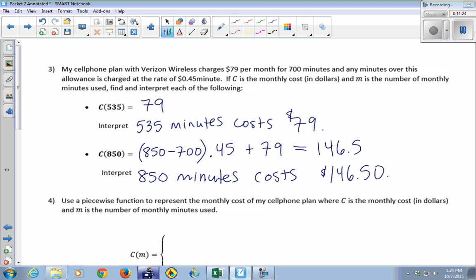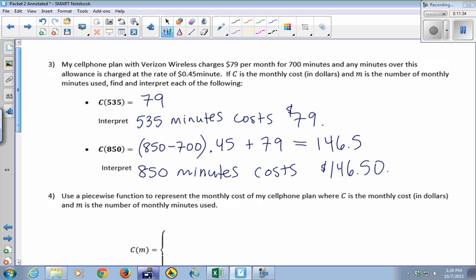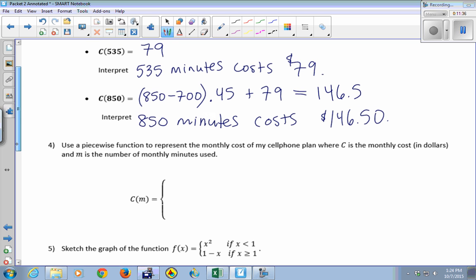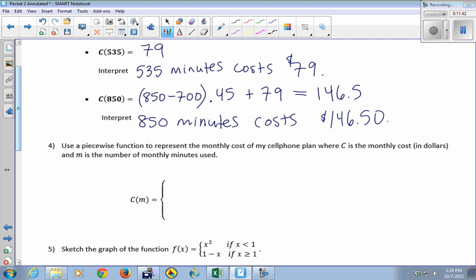All right, so having calculated a couple of different costs, I want to use my new piecewise function notation to describe the cost in a formula. M is going to be the number of minutes, C of M is the cost. So I've basically got two different formulas. What's the easiest of the two formulas? The first one, which is $79. So your cost could just be $79.